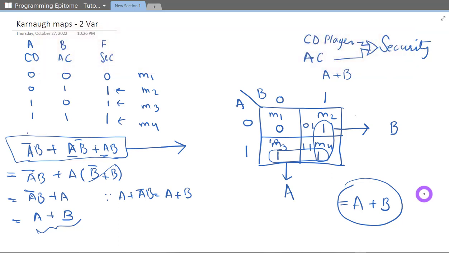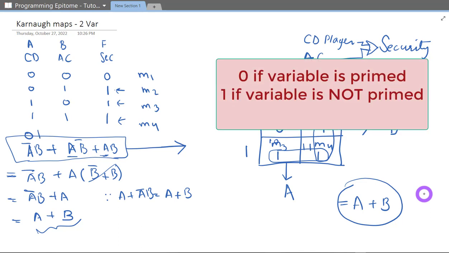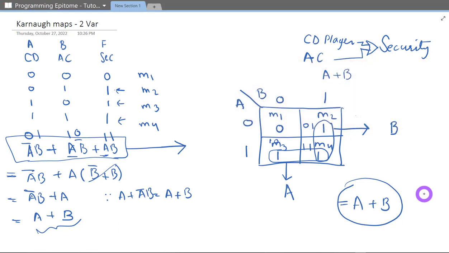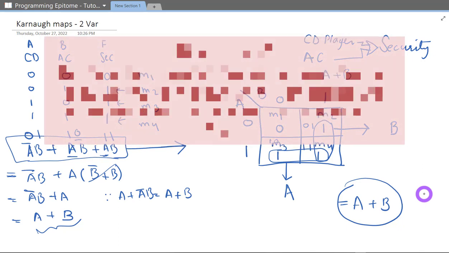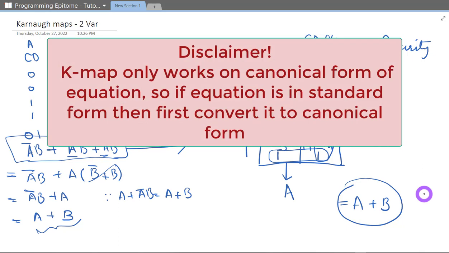So A dash B basically corresponds to 0 and 1. A B dash corresponds to 1, 0, and AB corresponds to 1 and 1. So for all these terms 0, 1, 1, 0, and 1, 1, you will write 1 in the K-map. And all the others you can write 0, right? So that's it. And then you will solve your K-map.